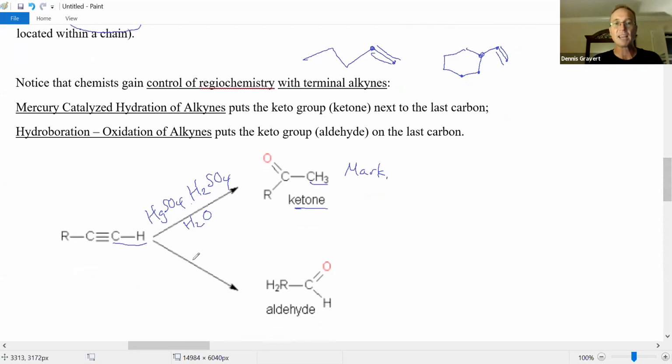But if you use anti-Markovnikov chemistry, which means add your borane and your THF in the first step, and later add hydrogen peroxide and base, then the rich doesn't get richer. This carbon had 1 H, this one had none, and now it turned into an R. R stands for the rest of the molecule. It's a nice shortcut that chemists use. R is not on the periodic table.